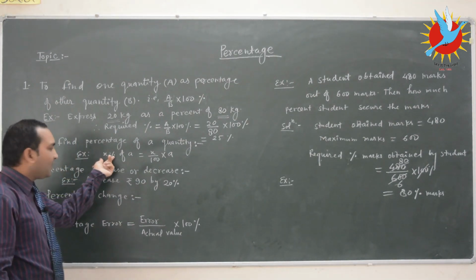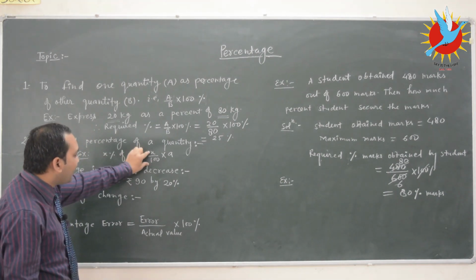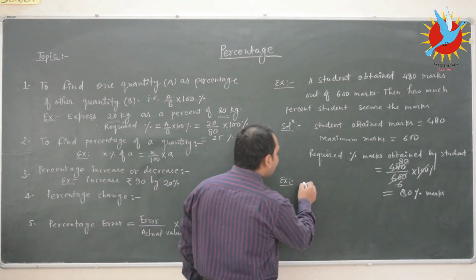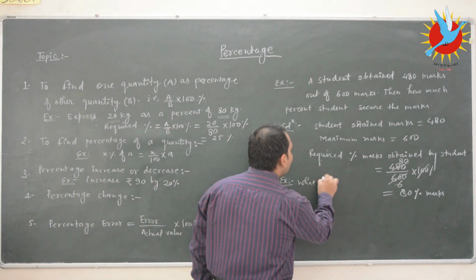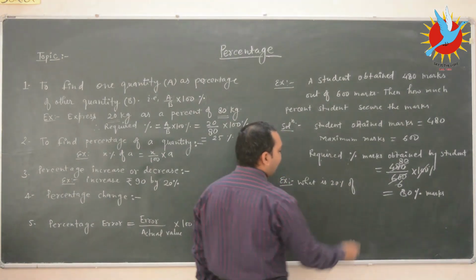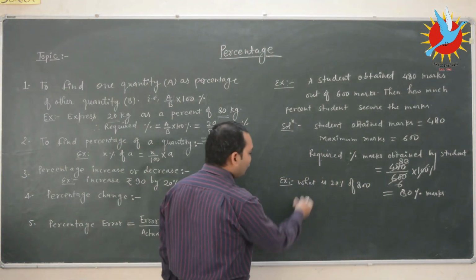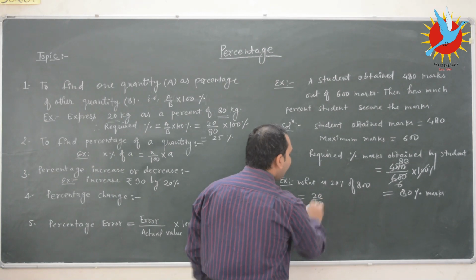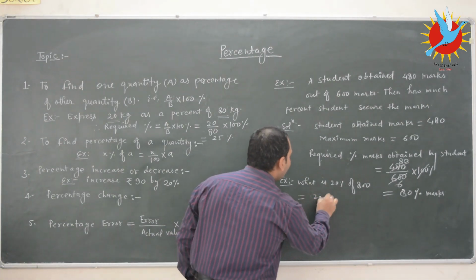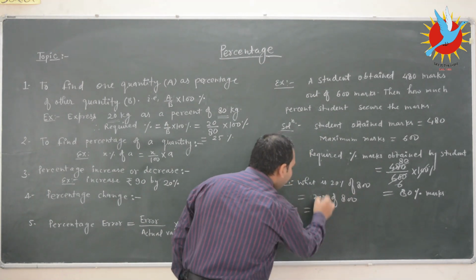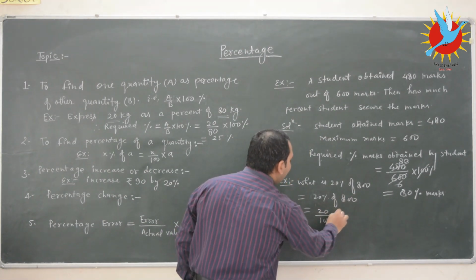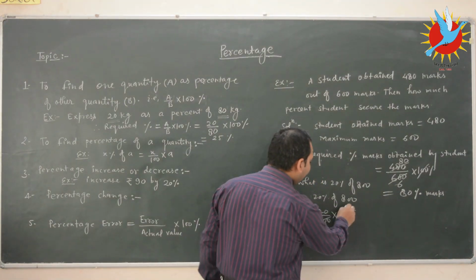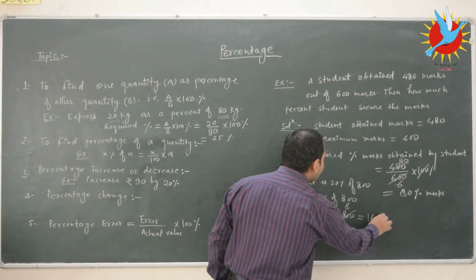First we write x percent in fraction form, that is x upon 100, and then of means multiply by A. For example, what is 20% of 800? 20% of 800 is equal to 20 upon 100, of means multiply by 800. We divide 800 by 100, which is 8, and 8 times 20 is 160. So 20% of 800 is 160.